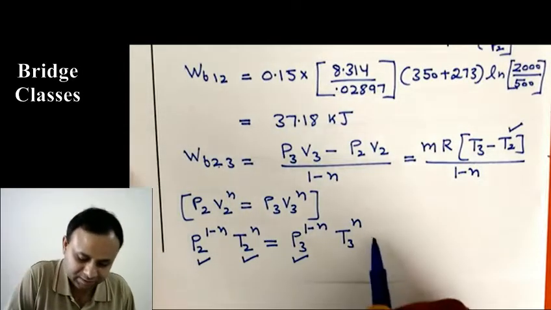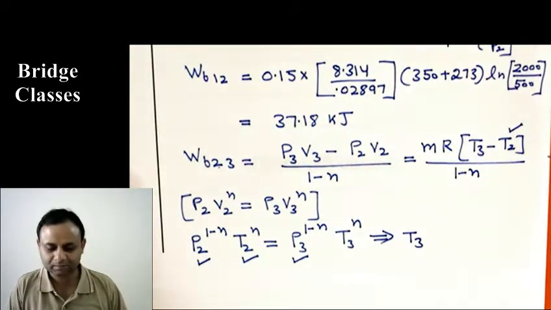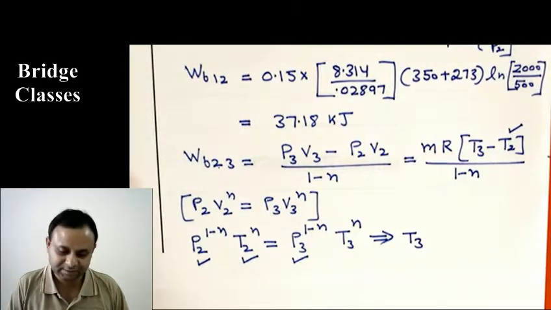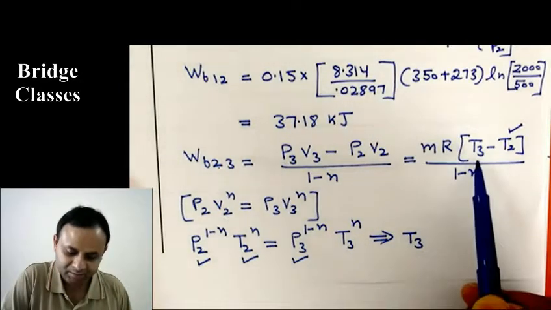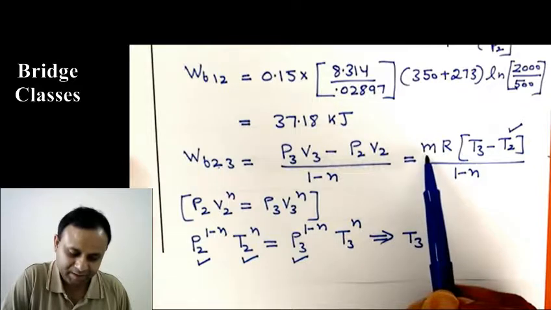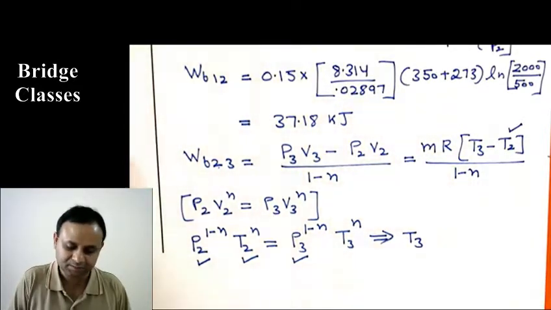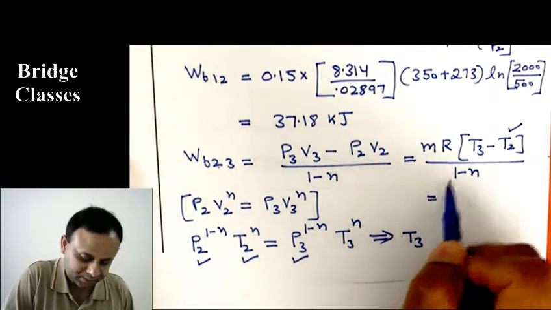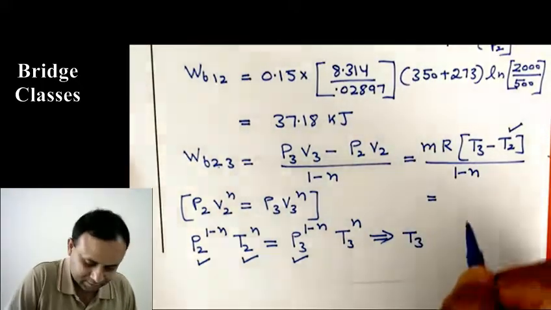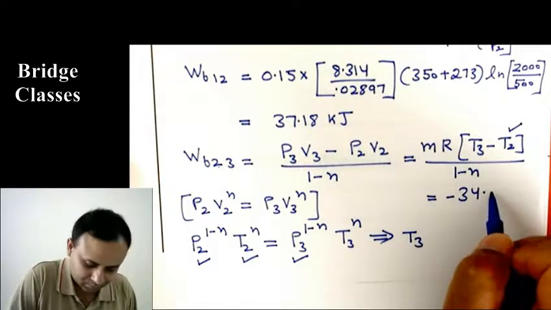So this gives us T3, and then we plug numbers here. We already have the gas constant for air, mass is given, n is given, and T3 and T2, that will give us boundary work. So the answer you get for boundary work from 2 to 3 is negative 34.86 kilojoule.